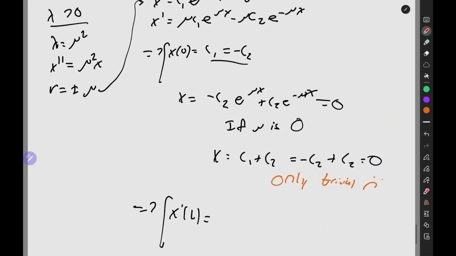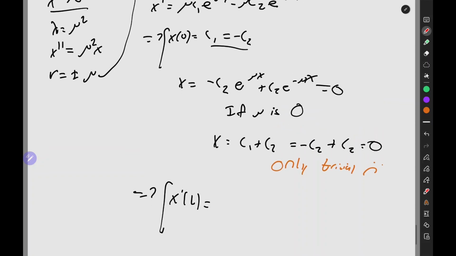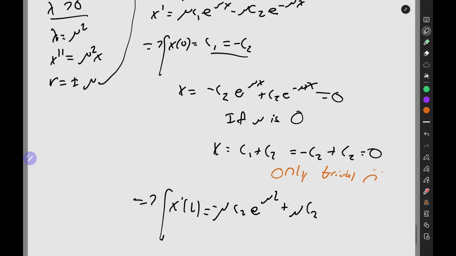Of L, C1 is equal to negative C2, so that's mu C0 minus C2 e to the L, or mu L plus C plus mu C2, I guess it would be minus.